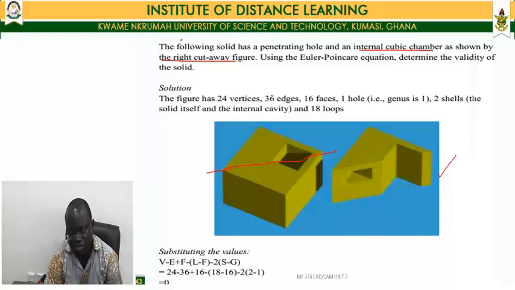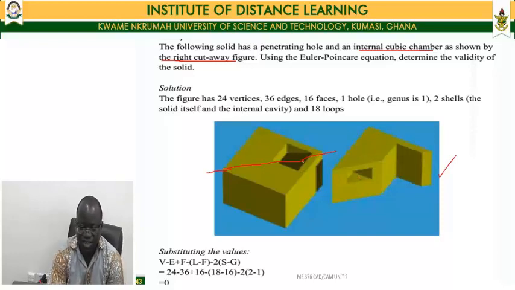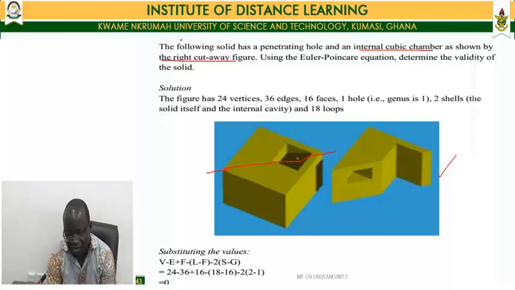Now, the number of faces, you notice that this cube that is cut away here, the see-through one, has lost 2 faces. Hitherto, each of them would have contributed 6 faces, which is the internal cubic chamber, the block itself, and then this cube. And so that would have been 6 by 3, 18, but minus the 2 that have been lost by this. So you have 16. Now the genus is 1 because there's one penetrating hole here.